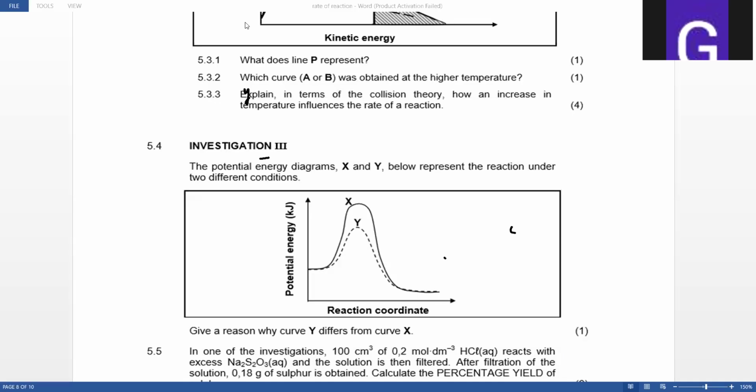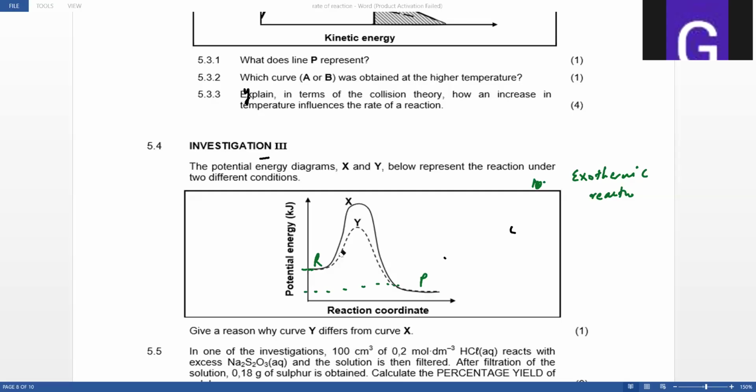Actually, this potential energy falls under chemical change. We will talk about this. I think I will create a video. This is the reactants and this is the product. And we know that the energy of the reactants is higher than the energy of the products, so this is an example of an exothermic reaction. But we're not concerned about that because products are less than the reactants.